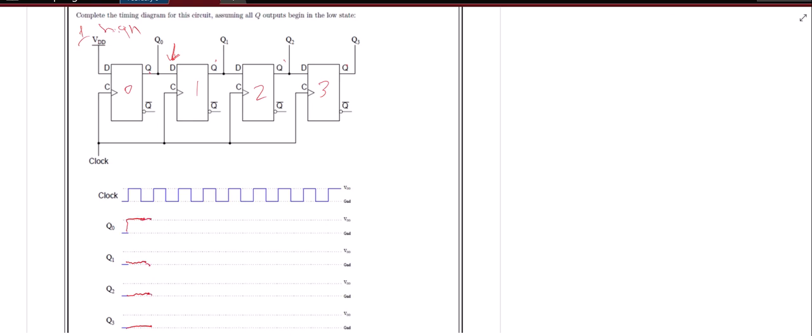And then we're not going to have another change until we get to the next positive edge. Well, this 0th flip-flop has a continuous signal of 1 coming in. So it's never going to change again. It'll stay at 1.